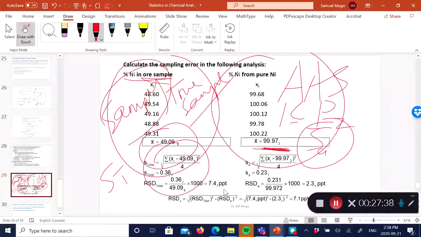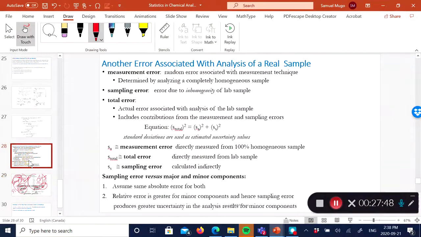And of course, you can take the square root of both sides, so that you just get the relative standard deviation at the very end. So basically, that's how you determine the sampling error. You run a homogeneous sample, and then you run the real sample, you get the standard deviation, and whatever is left is just going to be this, which you can determine as a sampling error.